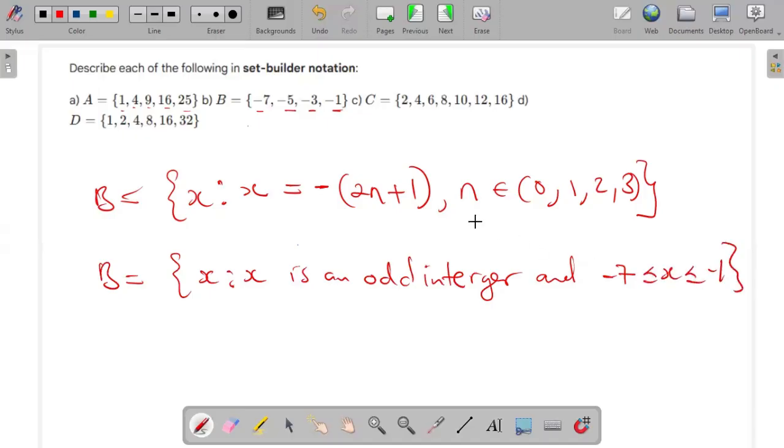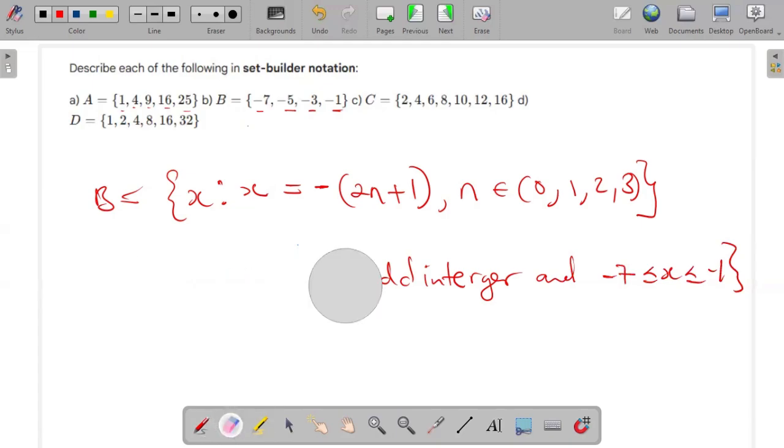So we know all the negative odd integers that are in between here, because when we divide them by 2, they leave us a remainder of 1. In this case, since they are negative, when we divide them by 2, they will give us a remainder of -1.